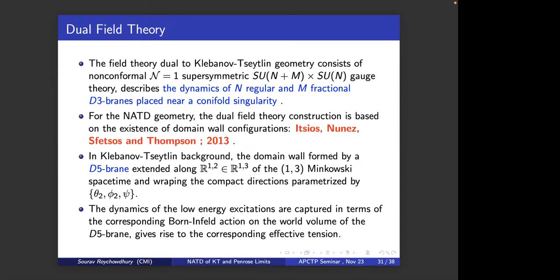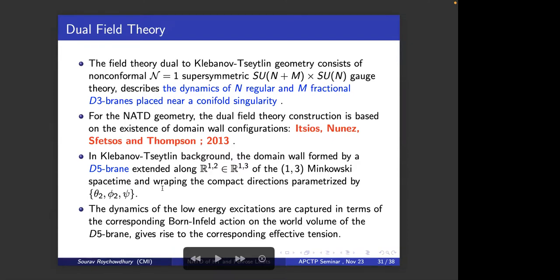So for the original Klebanov-Tseytlin case, one can form a domain wall by considering a D5 brane and extending it along some R^{1,2} directions, which are part of the Minkowski directions. This D5 brane wraps the compact directions, which is why we call it a wrapped brane, and it wraps the dualized directions, theta 2, phi 2, and psi, which we consider for the dualization.